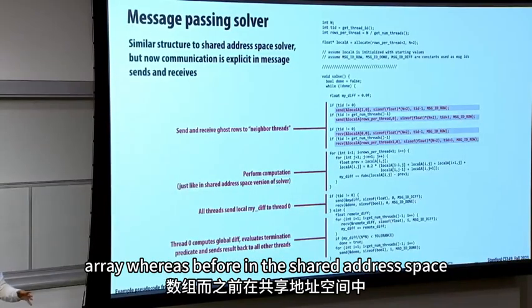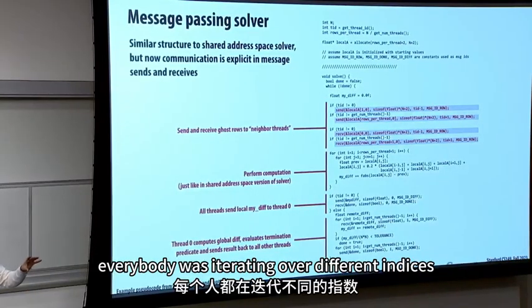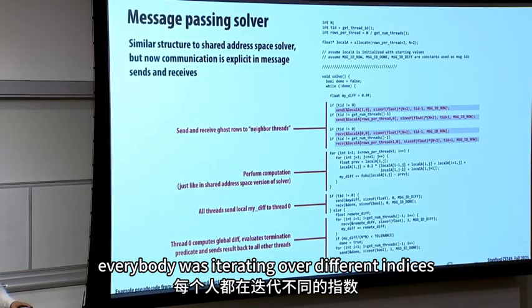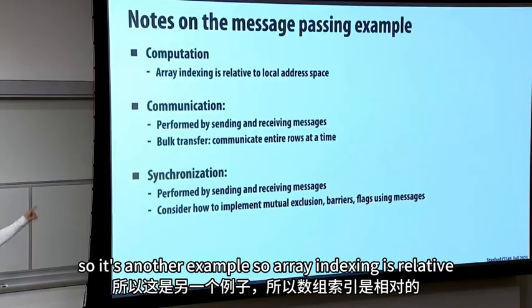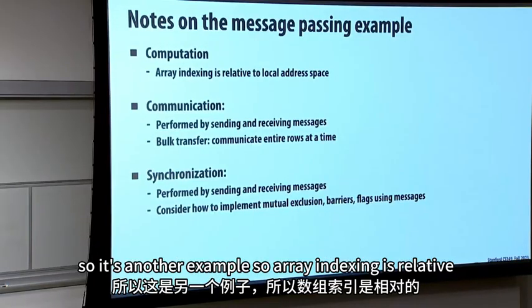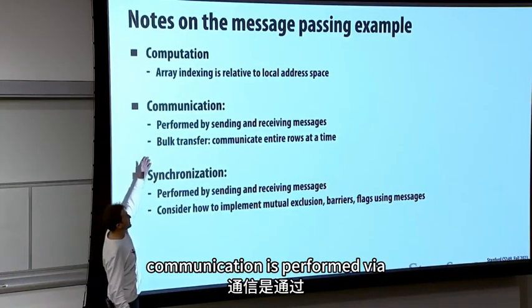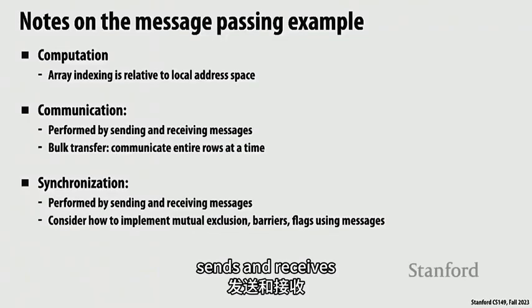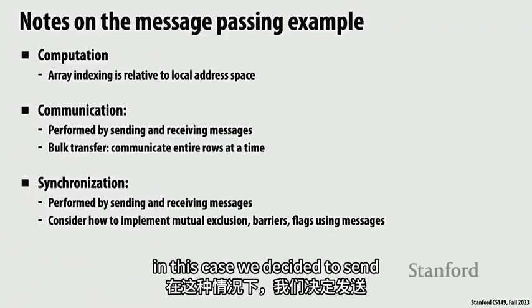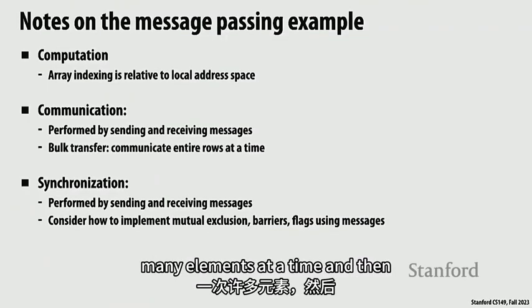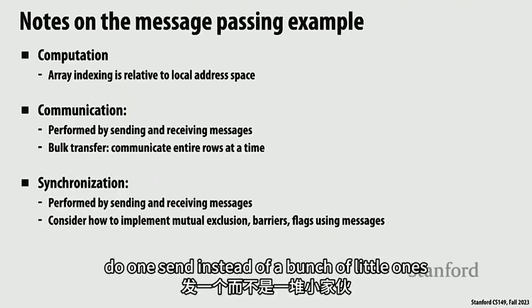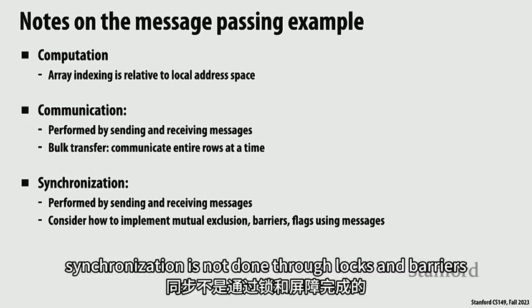Whereas before in the shared address space, I did some math to make sure that everybody was iterating over different indices. So it's another example. Array indexing is relative. Communication is performed via sends and receives. In this case, we decided to send many elements at a time, and then, for efficiency, do one send instead of a bunch of little ones. And synchronization is not done through locks and barriers.